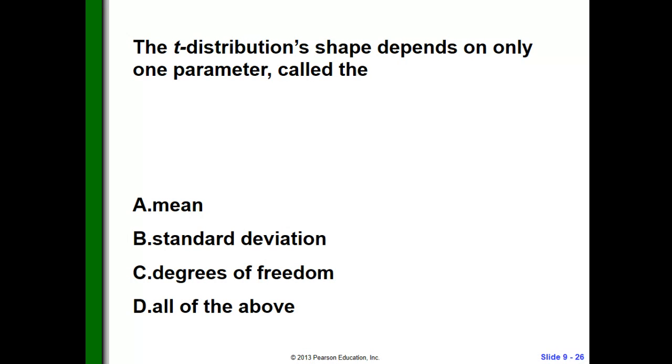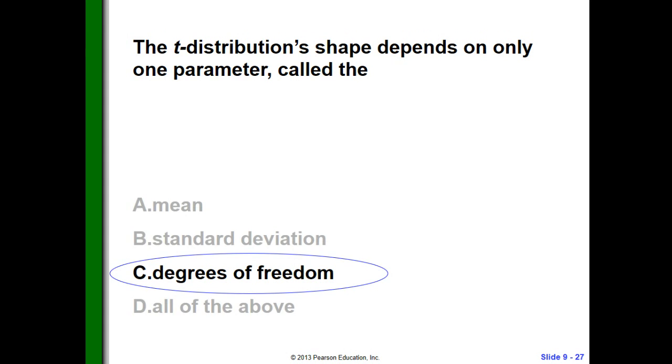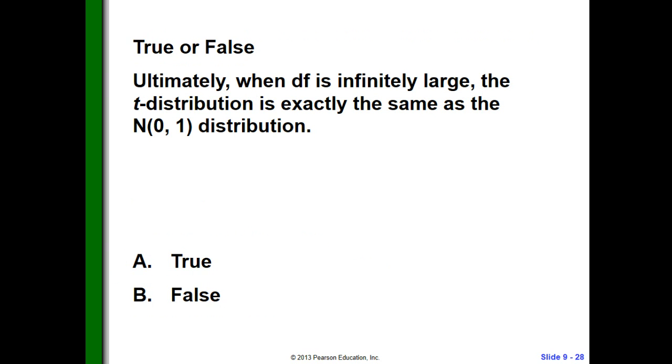It depends only on n, or n minus 1, which is the degrees of freedom. Ultimately, when the degrees of freedom is infinitely large, the t distribution is exactly the same as a normal distribution. This is true. It actually gets pretty close by the time we get to 25 or 30.